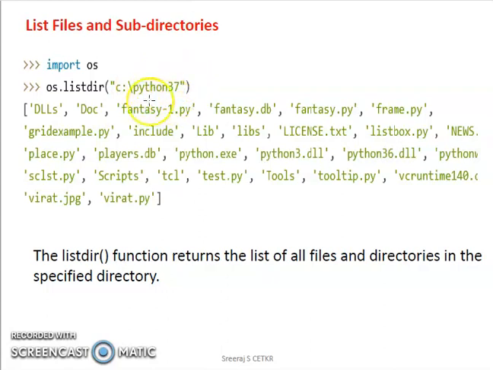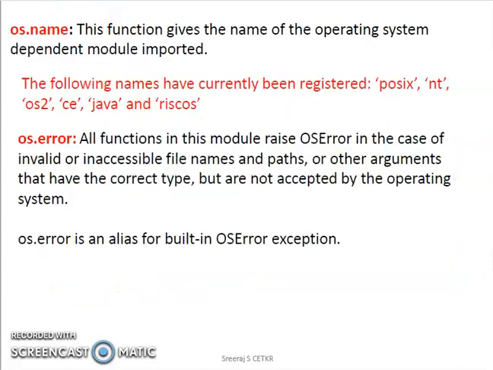So you can see the entire contents of this particular folder. The output will be like this. Whatever things you have in this folder, it will show in this output. Okay, so the listdir function returns the list of all files and directories in the specified directory.